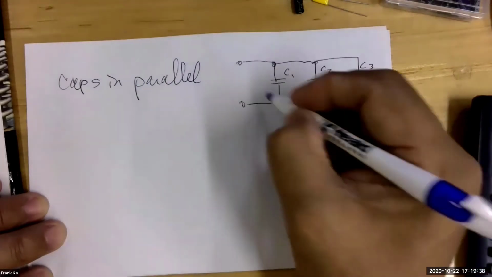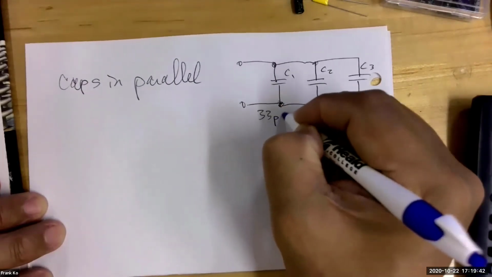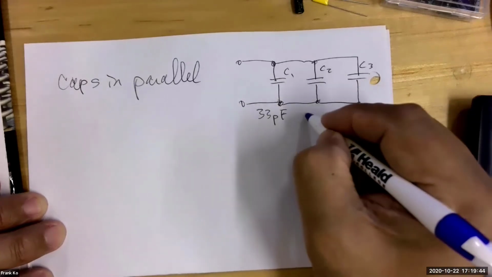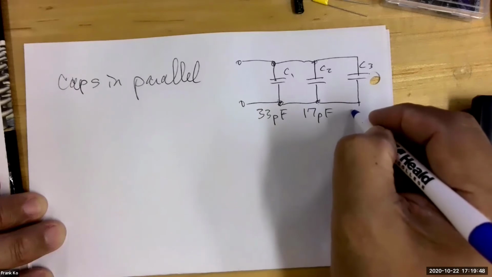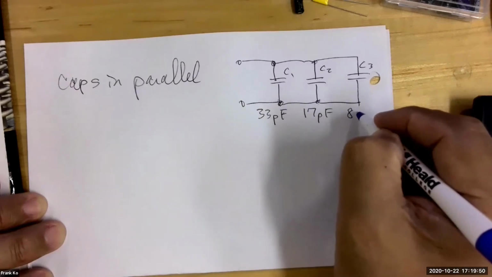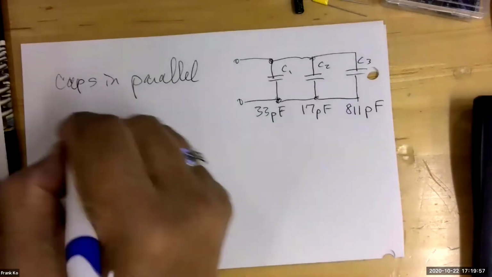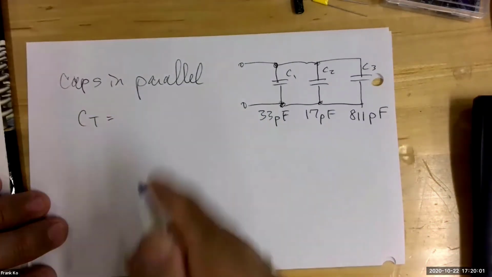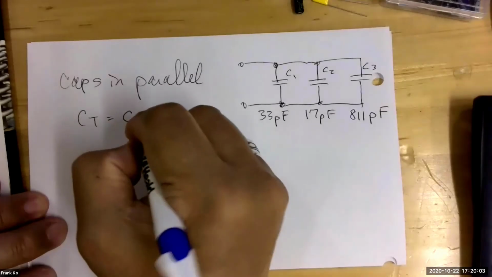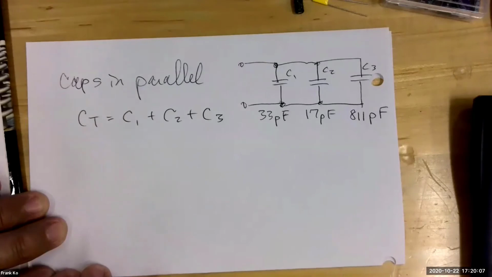And I'm going to make these, oh, I don't know, 33 picofarads, 17 picofarads, 811 picofarads. So CT in parallel is going to be the sum, C1 plus C2 plus C3. We're going to do the sum.